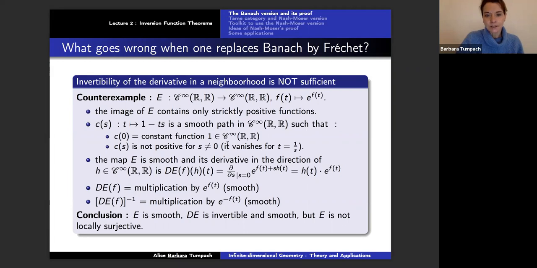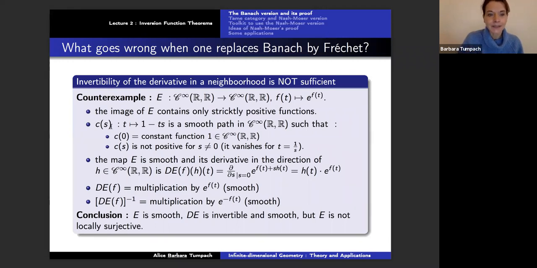So here the example is the map which to f assigns exponential f, where f is a smooth function on R. Well, the image of this map is strictly positive, because we take the exponential of a function. There are functions in the space of smooth functions over R which are not positive, and these can be as close to 0 as we want.